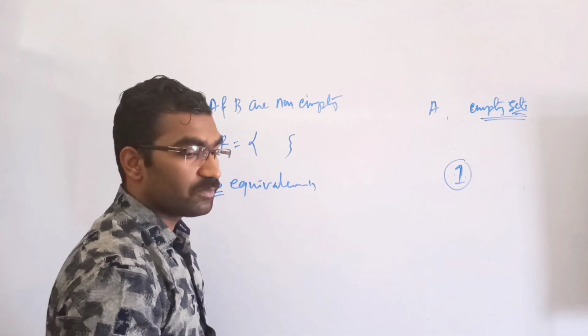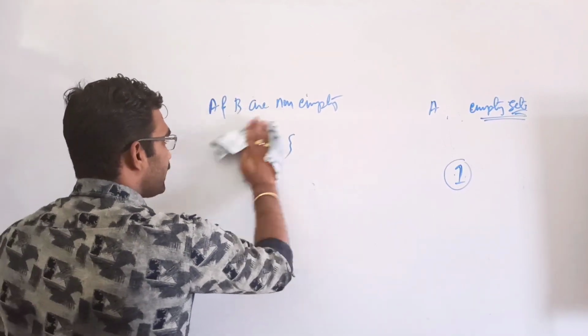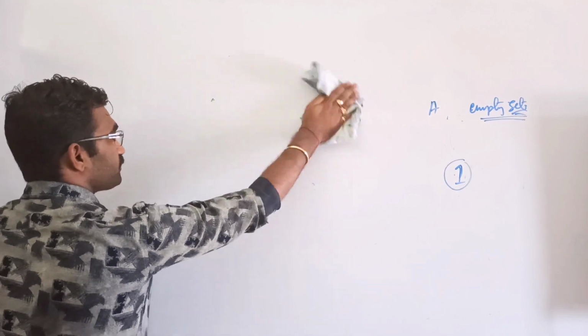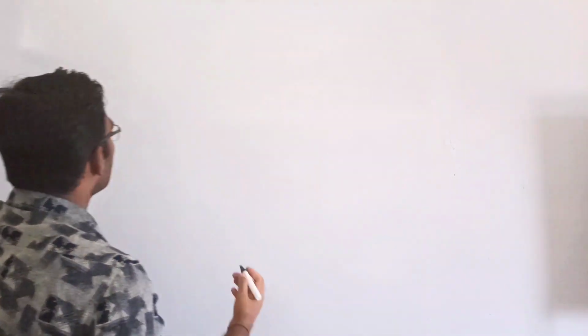So this is how we are going to discuss the things. Let us move on to the counting technique of functions, which is very important for competitive exams. Just concentrate here.